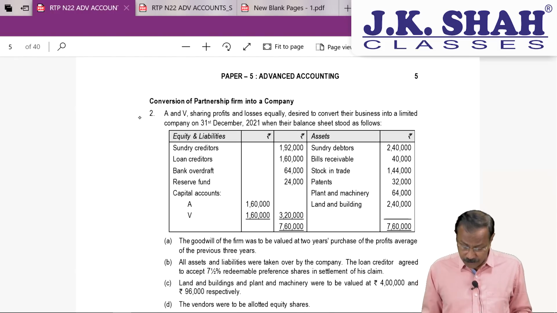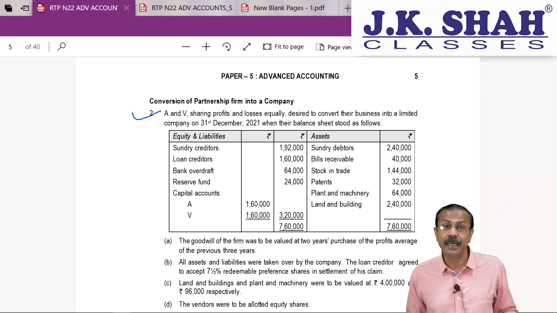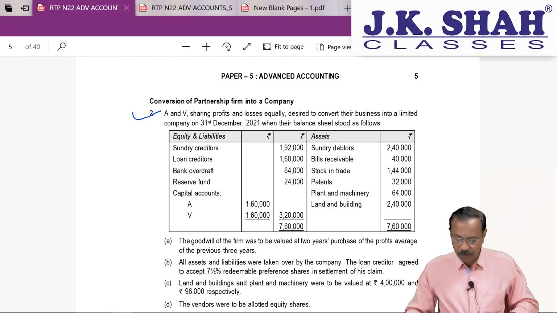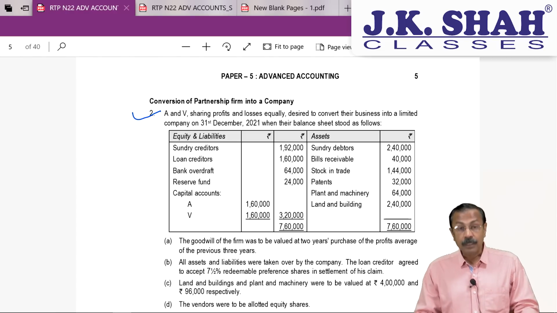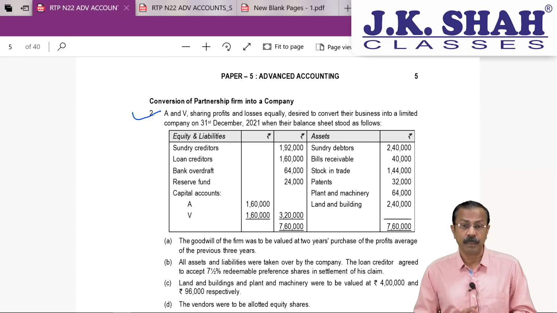Second question is conversion. Again, partnership firm is converted into a company, remember. A and B, sharing profits and losses equally, desired to convert their business into a limited company on 31st December 21, when their balance sheet stood as follows. Creditors, loan creditors, overdraft, reserve fund and capitals of the two partners, remember.